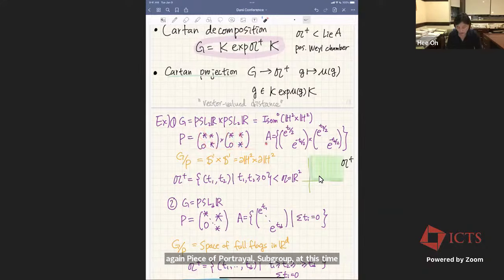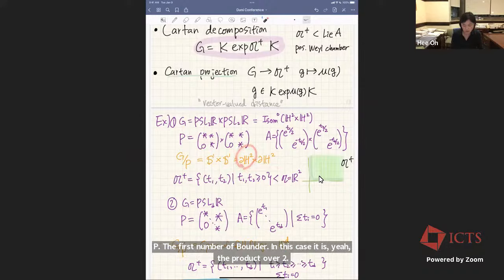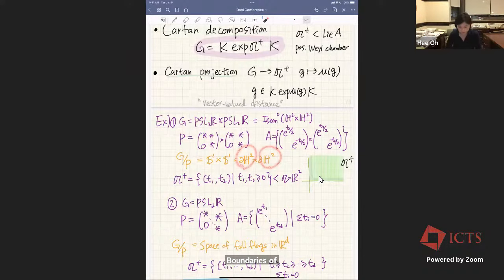And A is of course this two-dimensional diagonal group. We have the diagonal group from the first component and the second component. And G mod P, the Furstenberg boundary in this case, is the product of two boundaries of H2. So it's the boundary of H2 times the boundary of H2.